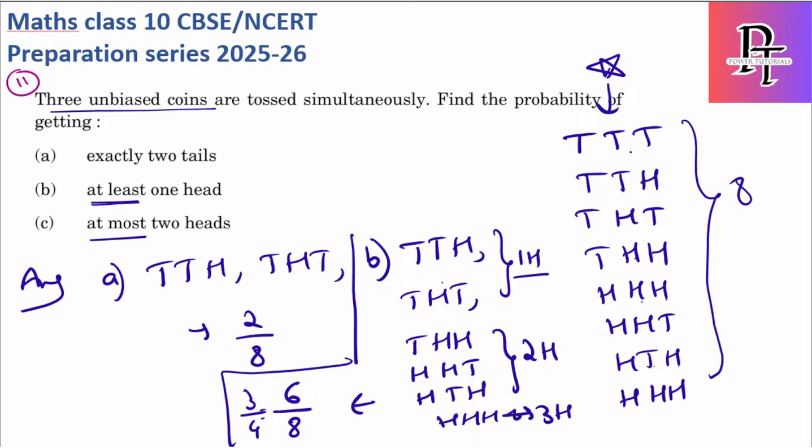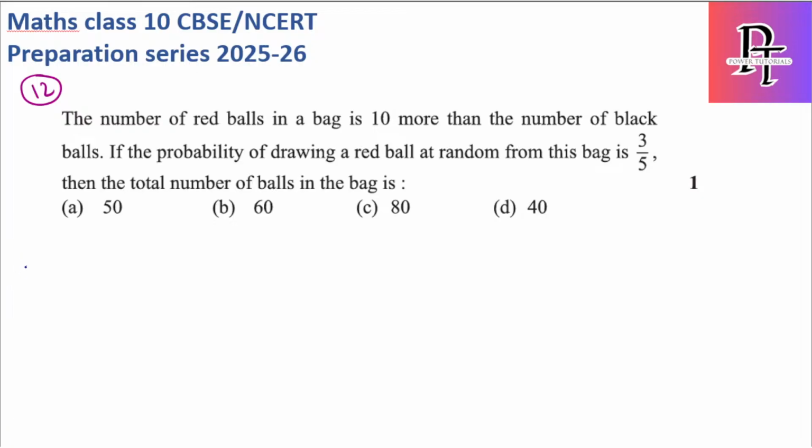Okay, I think I wrote something wrong. 1, 2, 3, 4, 5, 6, 7, 8. HTH. Okay, HTT is missing, and we have HTT as well in the first case. So this is single head, these are two heads, and this is single head. So the answer for this question is also 7 by 8, not 6 by 8. The B answer is also 7 by 8, and the C part is also 7 by 8. Okay, let's move to the 12th question.